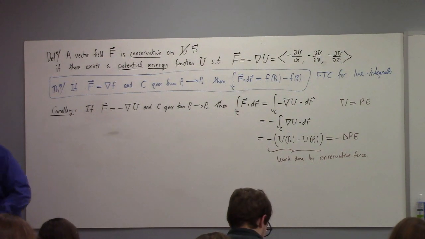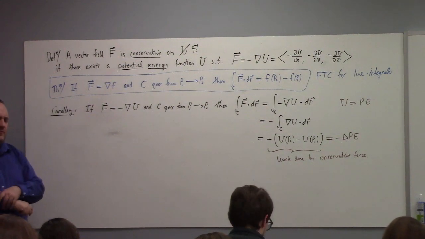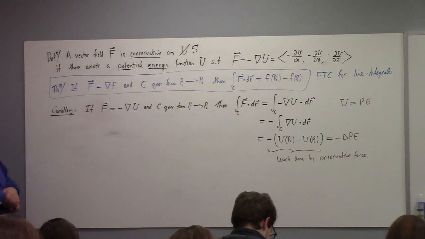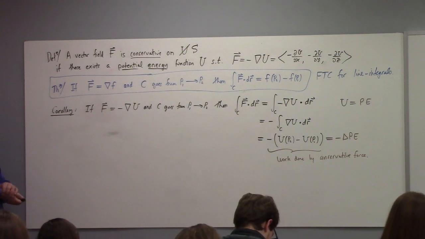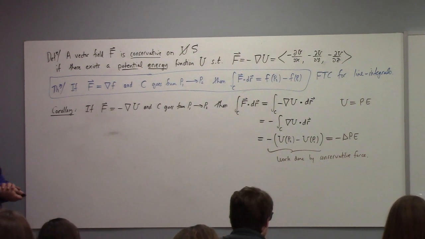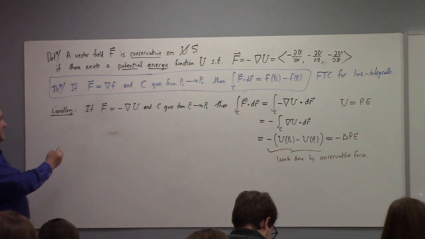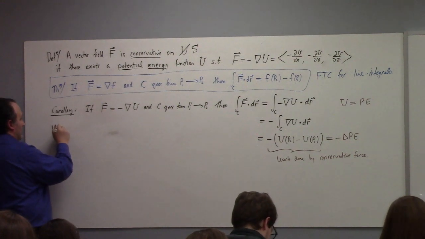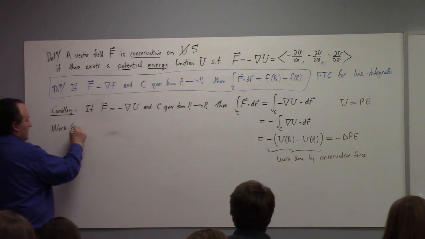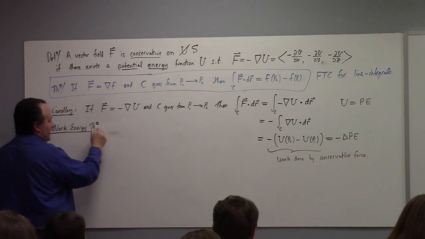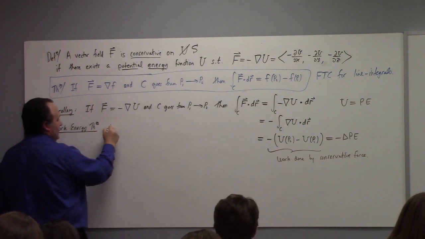But what did we prove last time? Last time we proved the work energy theorem. What did the work energy theorem say? You guys remember? I think what you said is right. Work energy theorem, but there was a precondition, right?